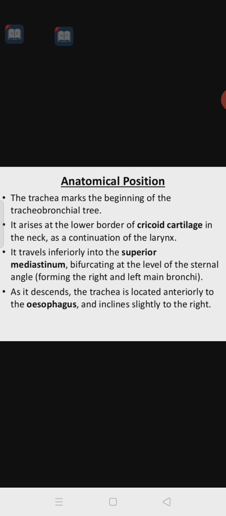So that's why it makes the right and the left bronchi. As it descends, the trachea is located anteriorly to the esophagus and inclines slightly to the right. Like this the position takes place.